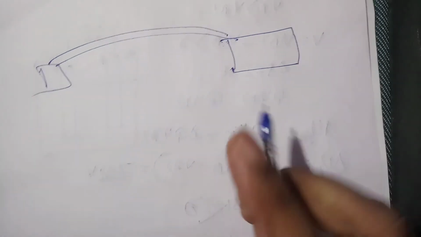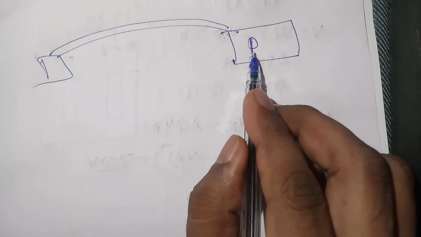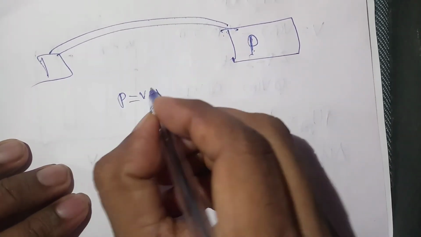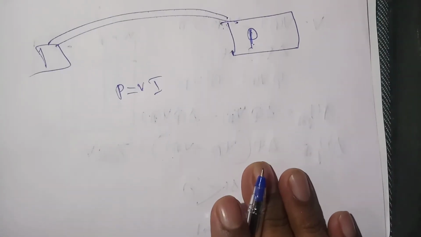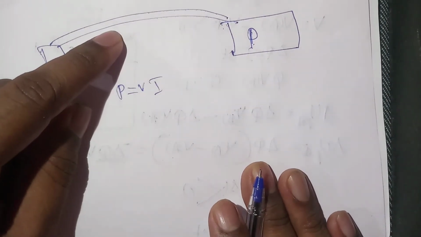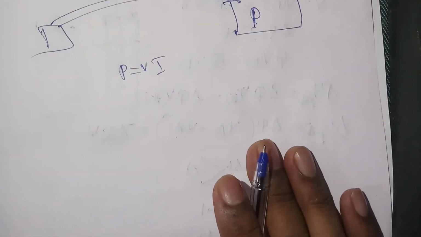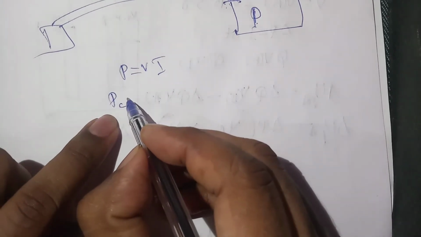Now you see here, this city is using a power P, the power used by this city. So we can write power is equal to V into I. Now this conductor will heat up. When it is heating up, some power is wasted. That power I am writing as PC, the power wasted in the conductor.